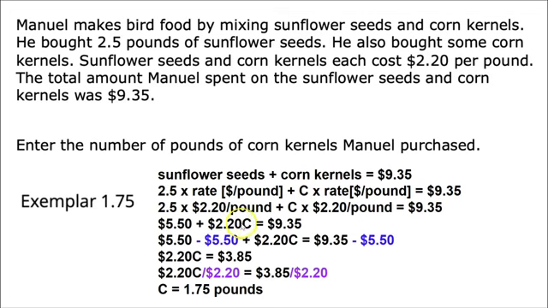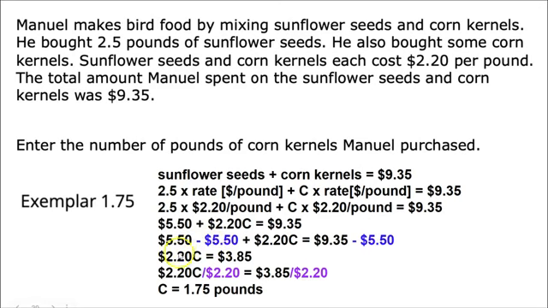If you times these two values together, you will have the dollar amount of the corn kernels. Then from there, we got to solve for C. And so we got to get rid of this $5.50. We got to minus $5.50 on both sides of the equal sign because we got to keep things balanced.